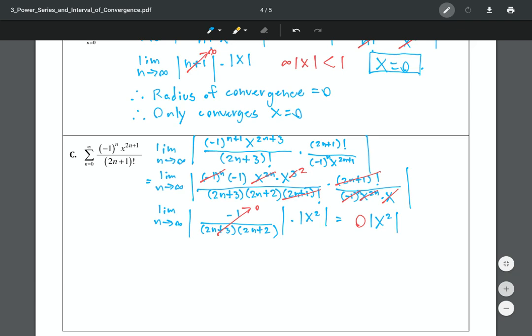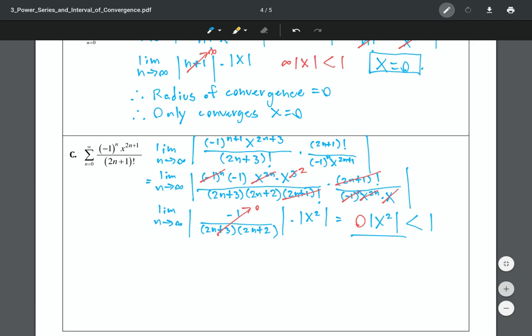Think about it. Is there any number that you can plug in here? Remember that in order for the ratio test to work, it has to be less than 1. This is always going to be less than 1, because if I multiply 0 times any number that x could be, that's always going to be 0 on this side.